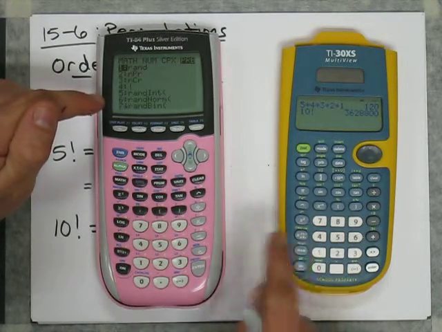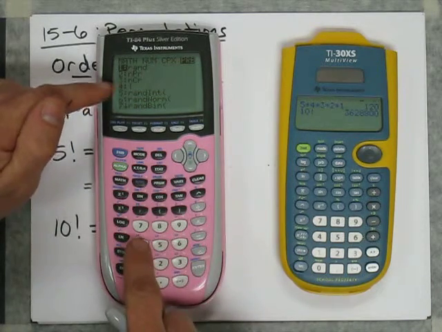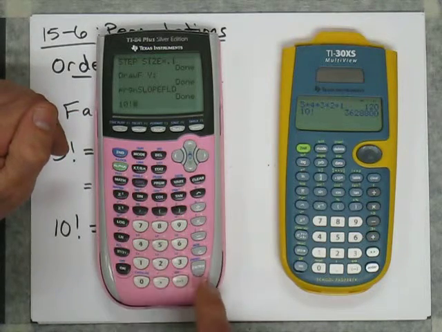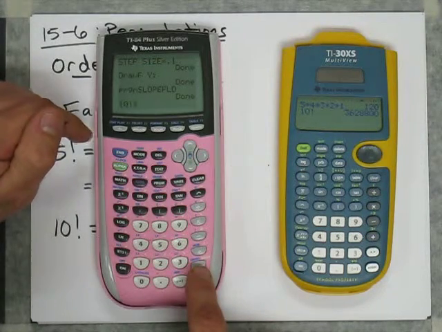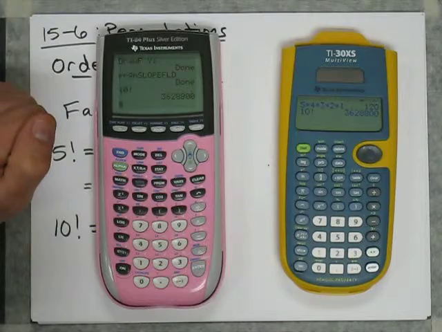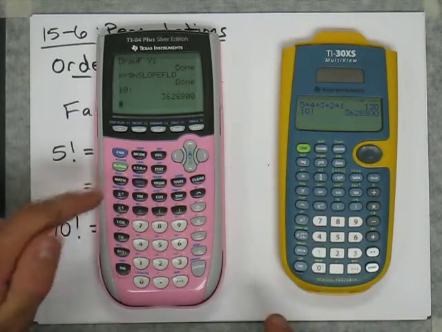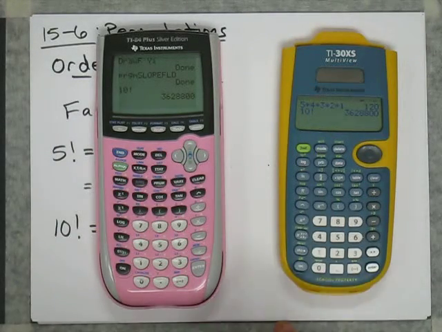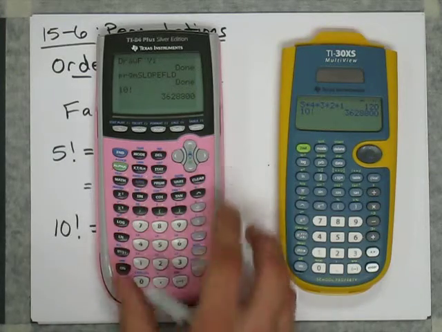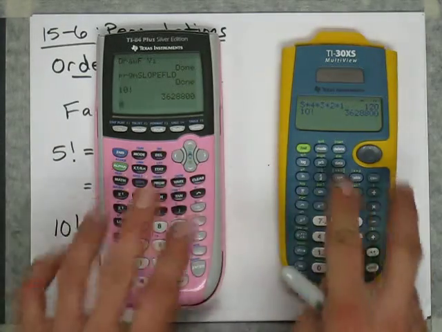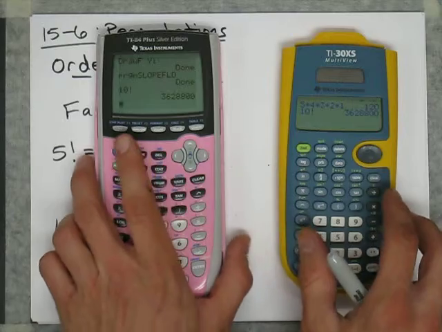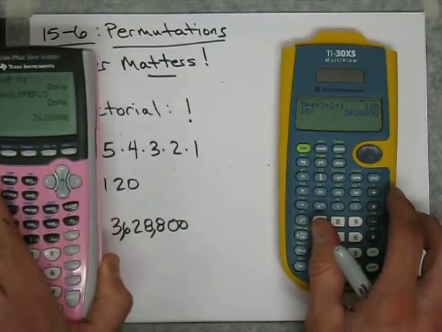We're going to use the factorial button again, but there's also some other stuff in there. So PRB and math, keep those in mind. On another calculator, you have to find out where that's at if you don't have these two calculators.